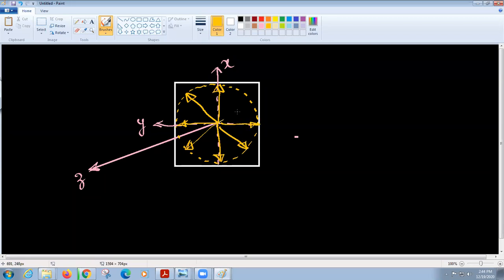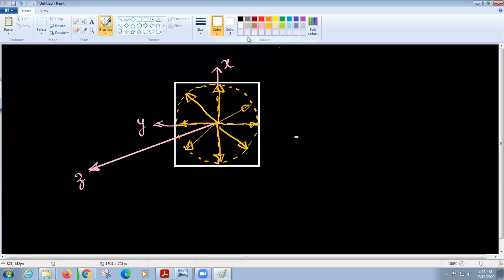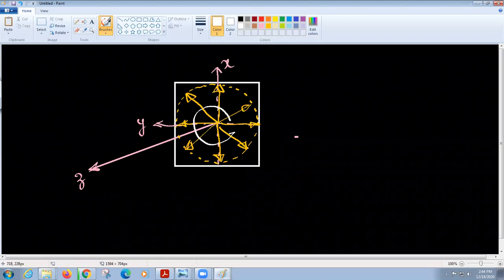So you're just moving this way. If you're moving this way, just take your right hand thumb like this.